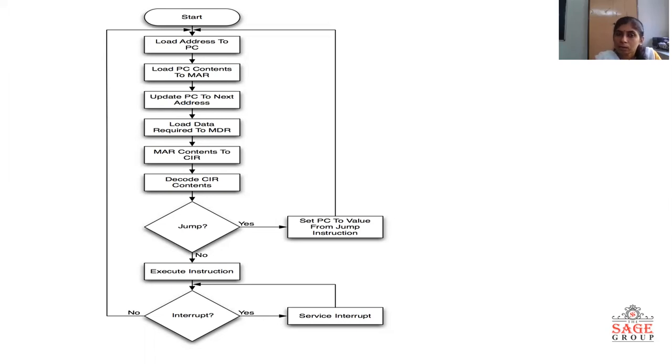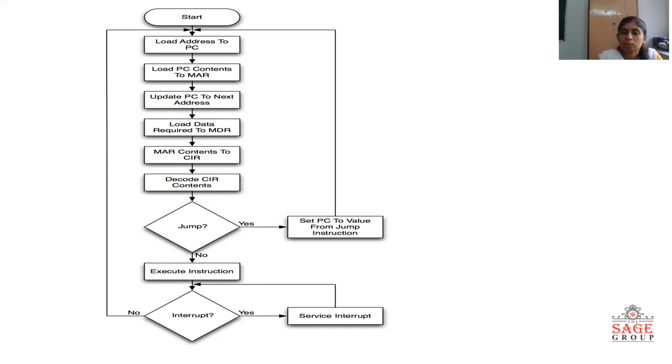Then after transferring these contents from the program counter to the memory address register, the program counter is updated to the next address, and then there is loading of data to the memory data register.